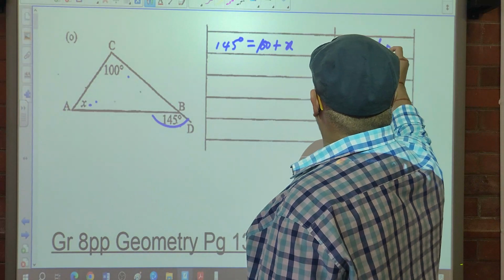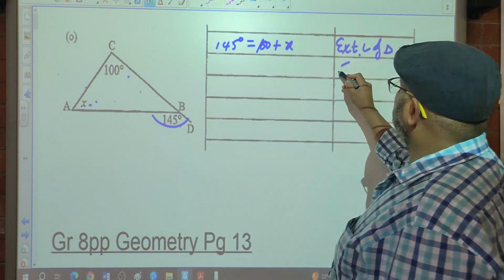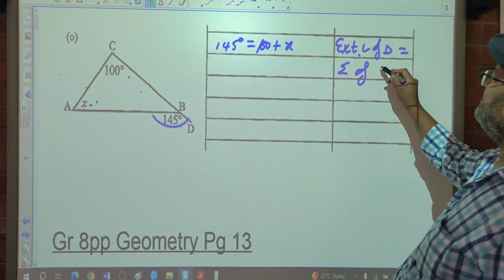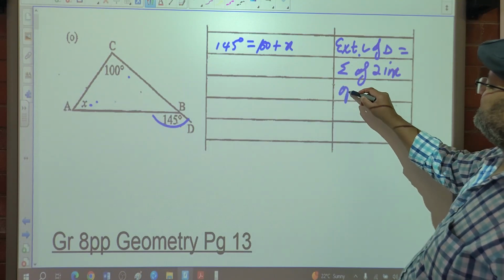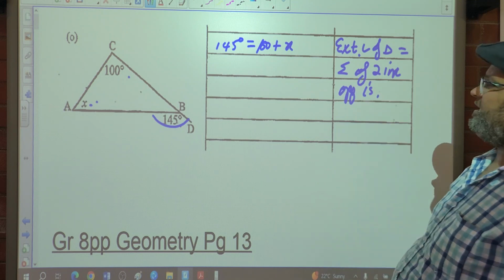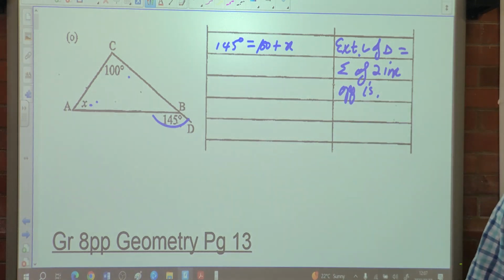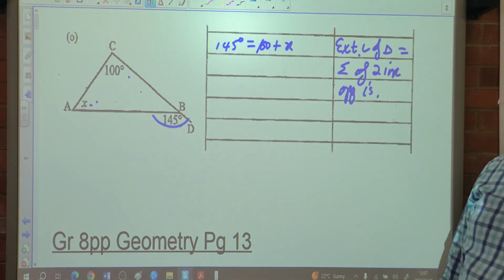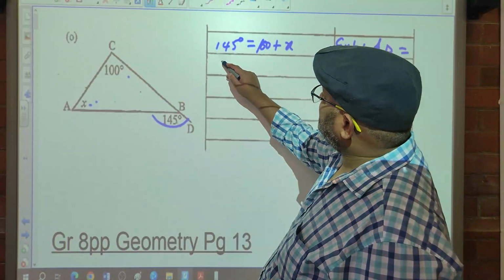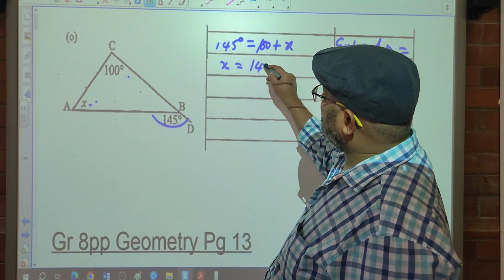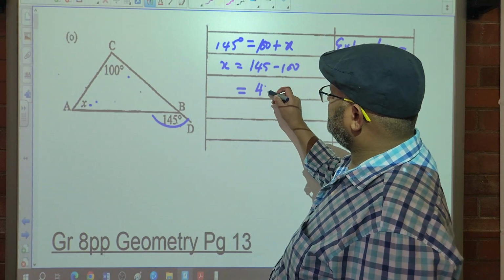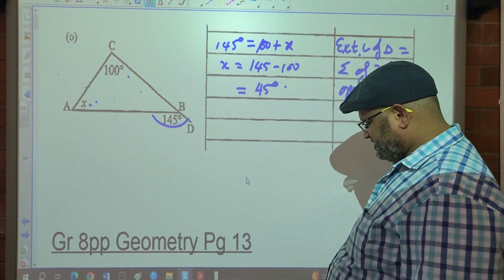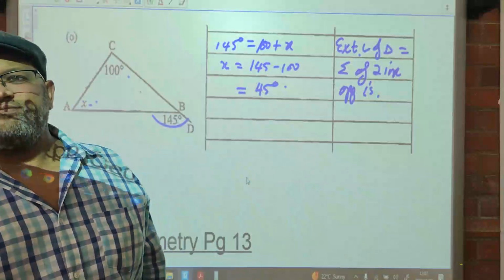Exterior angle of triangle is equal to the sum of the two interior opposite angles. That's going to be x is equal to 145 minus 100 degrees, which is 45 degrees.